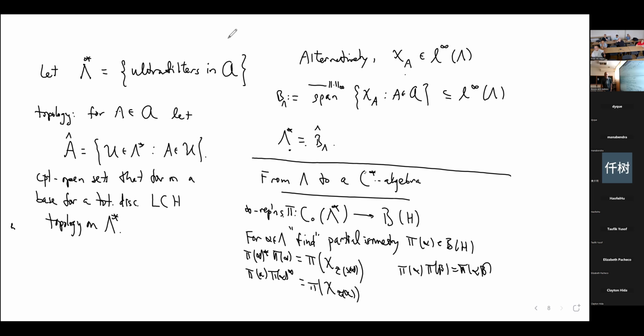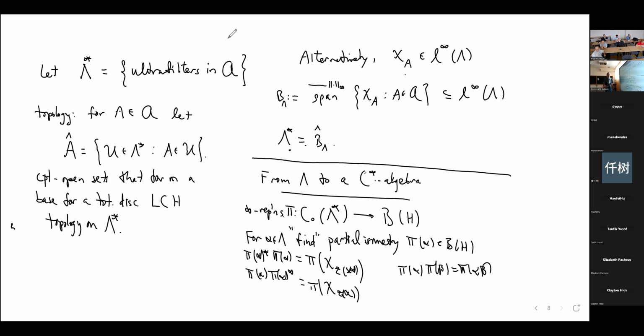Excuse me, what exactly is H? Is it L2 of the space? No, H is some Hilbert space, and we're looking at representations of the commutative C-star algebra on some Hilbert space that also admit a family of partial isometries that represents lambda and has the right source and range. But H is not determined by lambda or the space? No, because what I really want to look at is the universal C-star algebra generated by representations that respect the structure we're talking about.